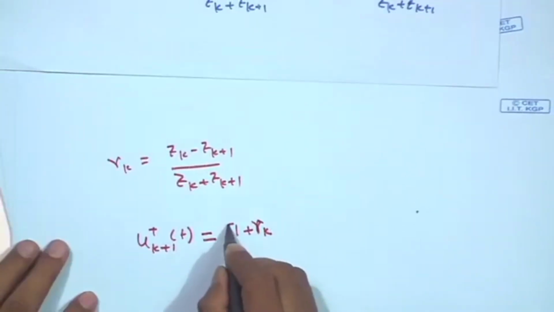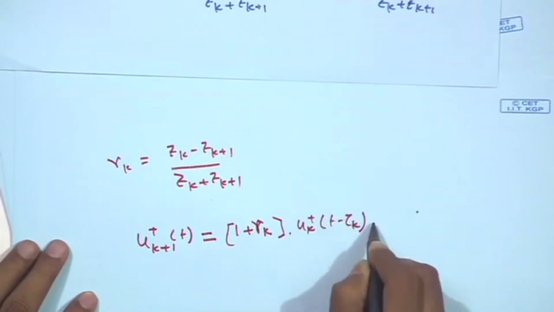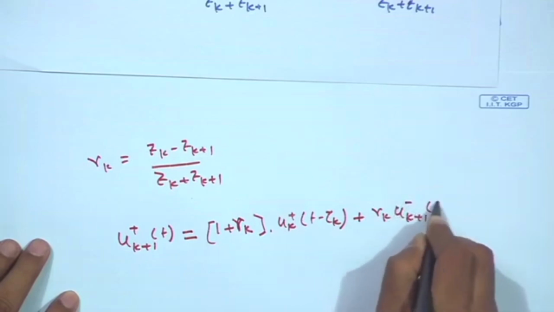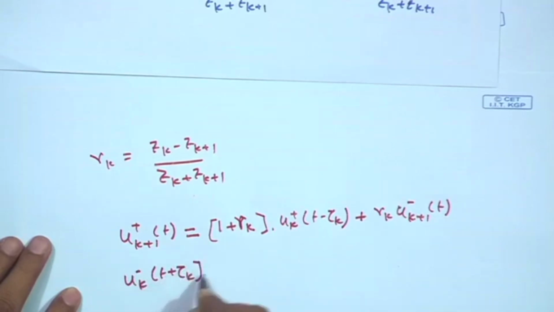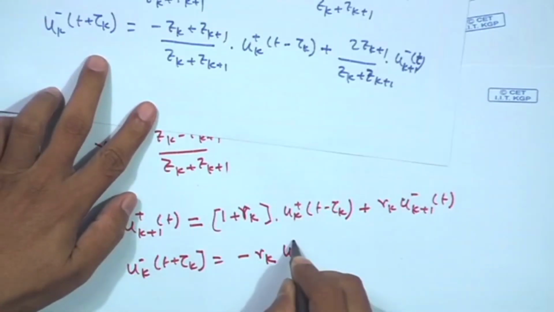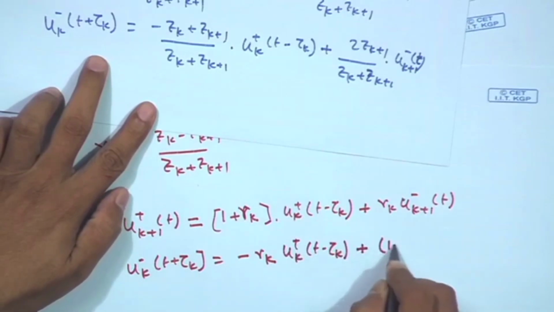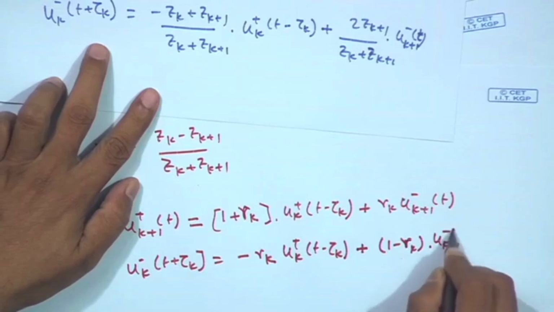So, this is 1 plus r k into u k plus t minus tau k plus r k u k plus 1 minus t, and u k minus t plus tau k will be equal to minus r k into u k plus t minus tau k plus 1 minus r k into u k plus 1 minus t.